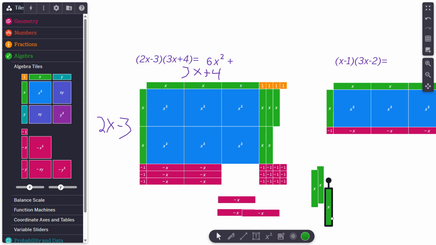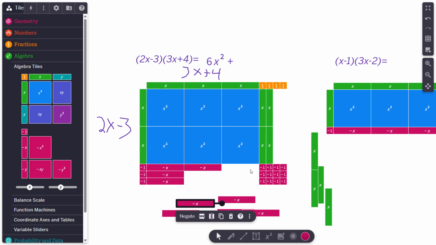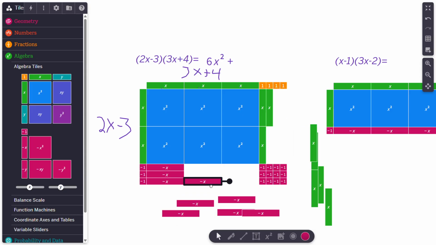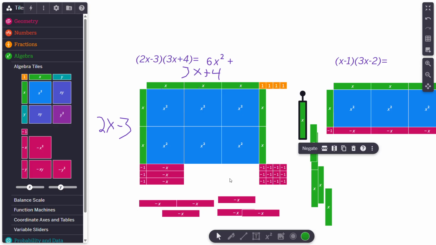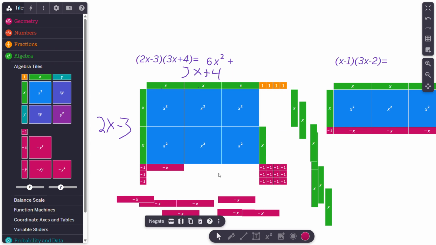These are all 0 pairs now. And I'm going to remove that and that. And I can remove that and that. And then we can remove that and that. Then I can remove that and that. I can remove that one and this positive x. Those are all 0 pairs.